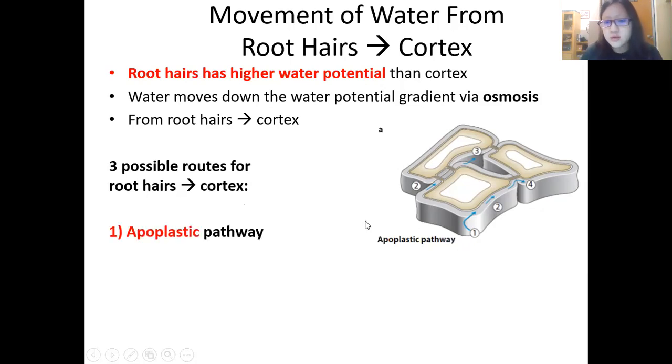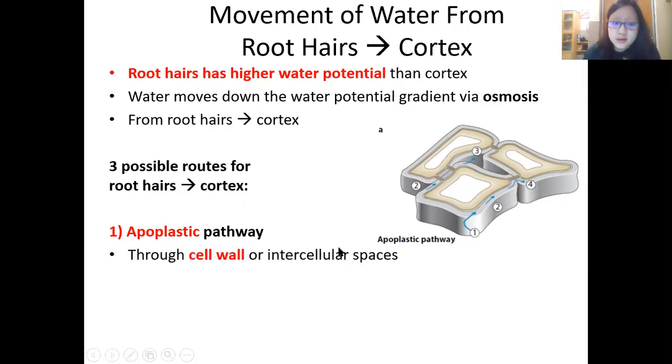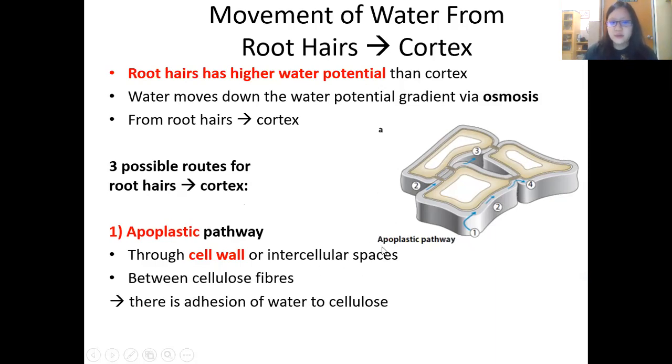Number one is called the apoplastic pathway. Sounds complicated, but actually a very simple concept. Water can pass through the cell wall or intercellular spaces. You can see here that the water is not going into the cytoplasm or the vacuole, but traveling at the cell wall, between those cellulose fibers.